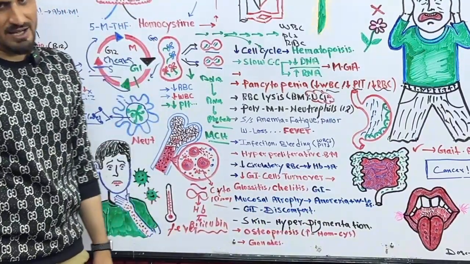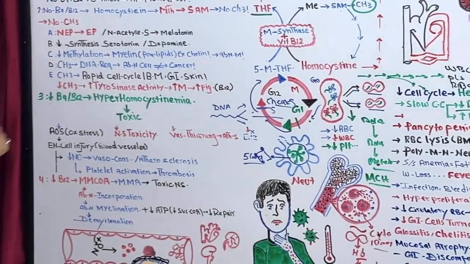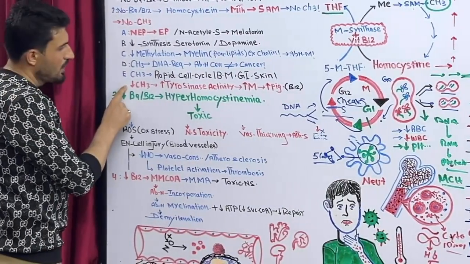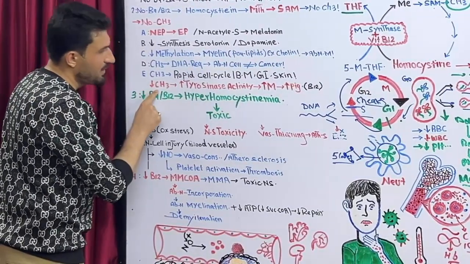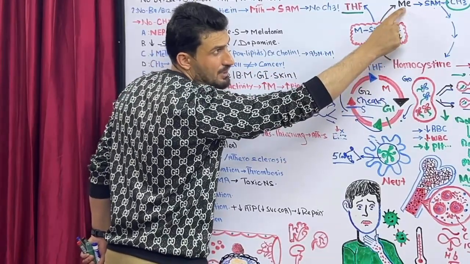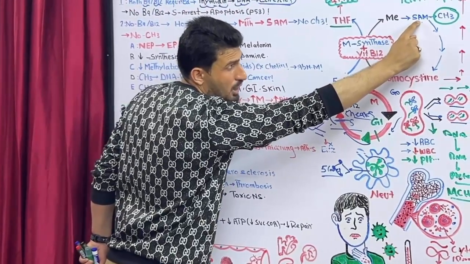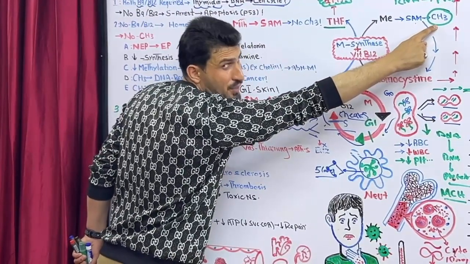What do I mean by skin hyperpigmentation? Listen to me carefully. Come here to this part. When we don't have enough methyl group, it means we do not convert homocysteine to methionine, and methionine to S-adenosyl methionine, and then we will not produce enough methyl group.